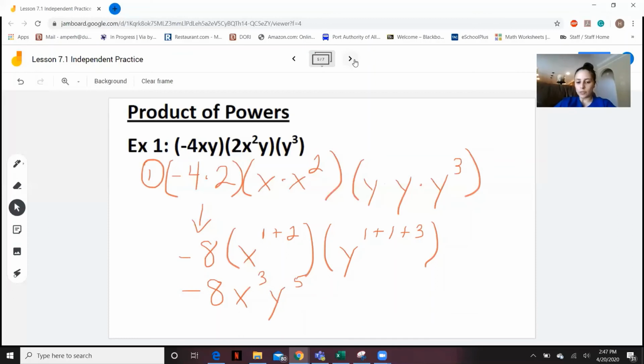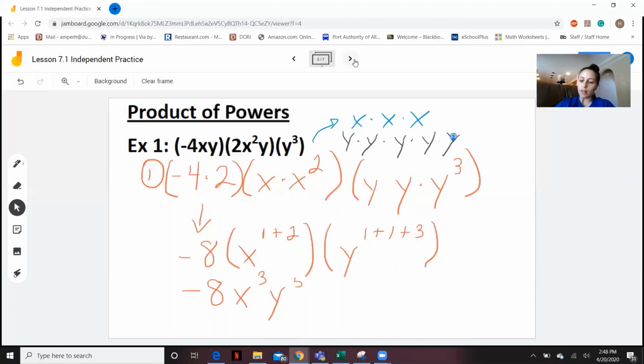If you don't trust yourself, you can always do the check where you write out every single term. So you could write x times x times x, and y times y times 3 more y's.